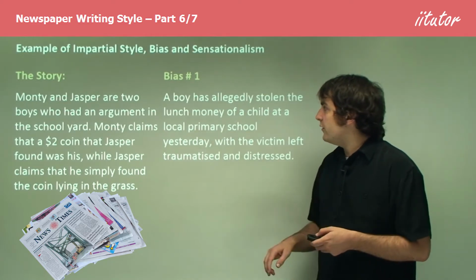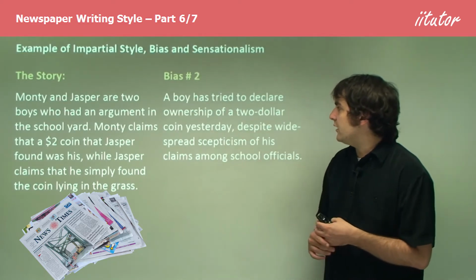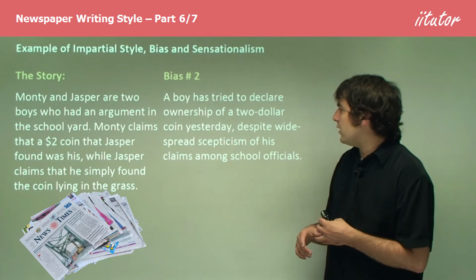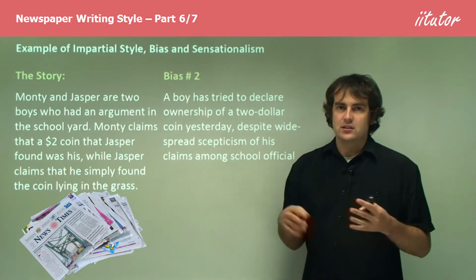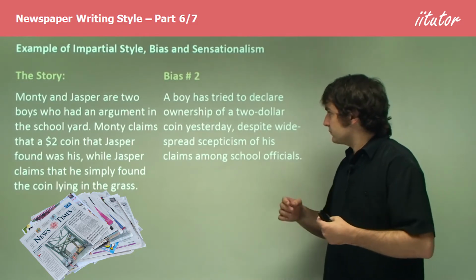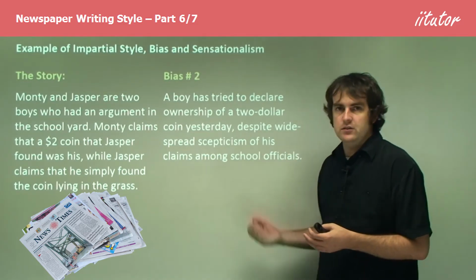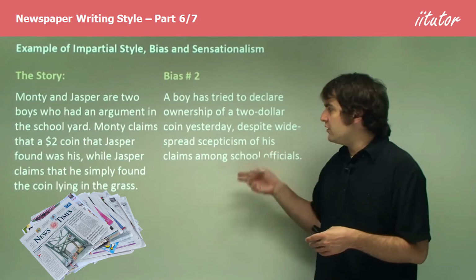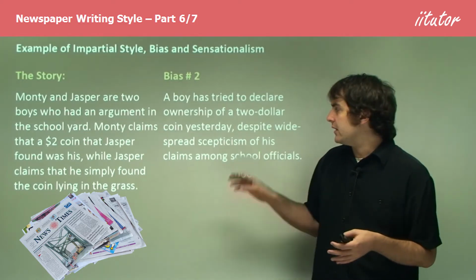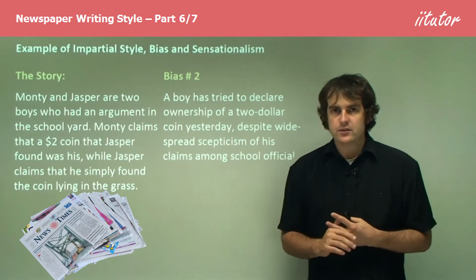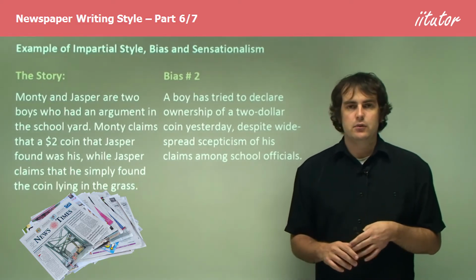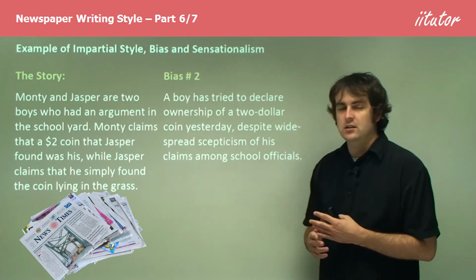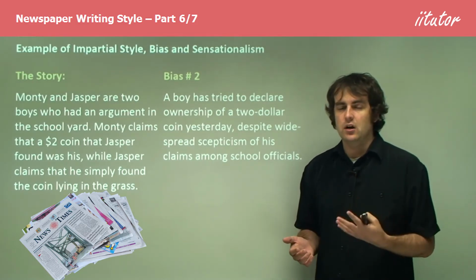And if we were to turn it the other way: a boy has tried to declare ownership of a $2 coin yesterday despite widespread skepticism of his claims among school officials. Okay, there's a little bit of exaggeration there, but it then leans towards the other side. So just by changing a few facts around, and certainly by describing people in certain ways, you can get bias to occur, even in just a standard style of reporting.